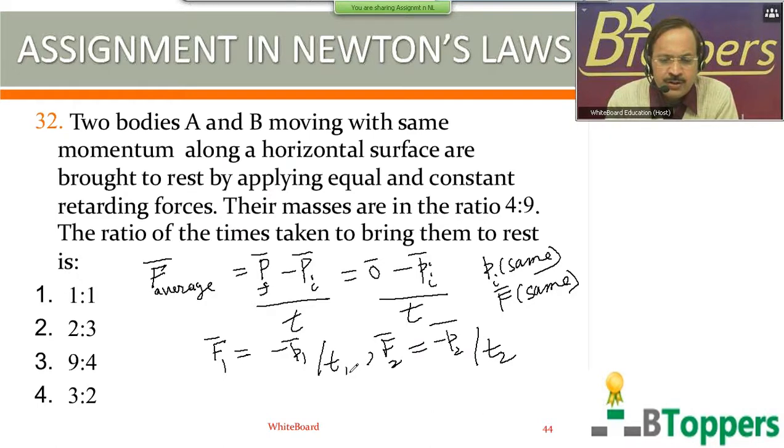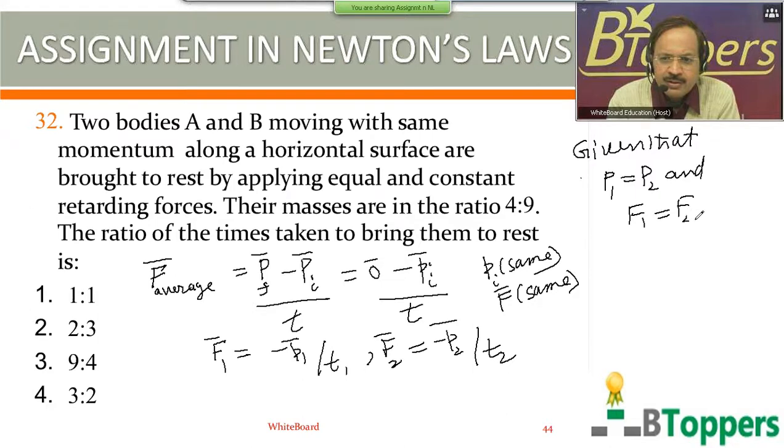T1 is the time taken to bring the first body to rest, T2 is the time taken to bring the second body to rest. It is given that the two bodies are brought to rest by applying equal constant retarding forces. That means P1 equals P2 and F1 equals F2. Therefore, T1 will be equal to T2.